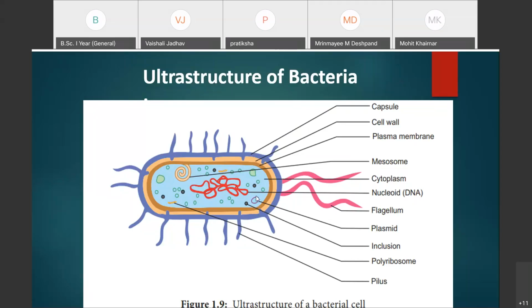These are not playing an important role in the viability and growth of the bacterial cell, and that's why the genes present in the plasmids are called non-essential genes. The replication of the plasmid is completely independent of the bacterial chromosome. It can replicate on its own; it has its own system of replication.